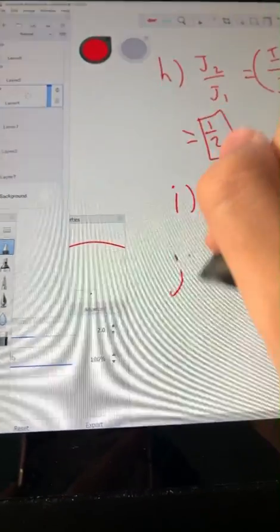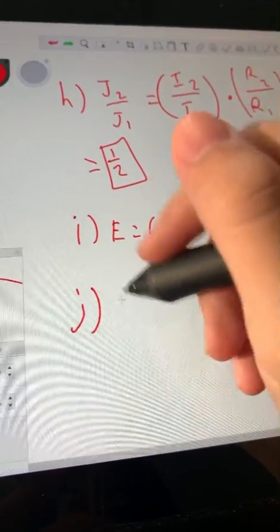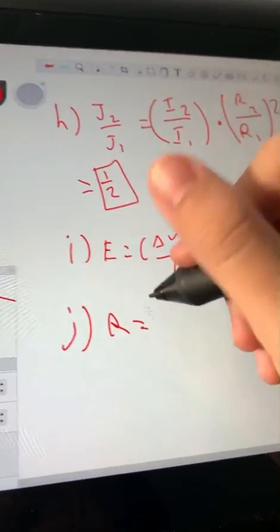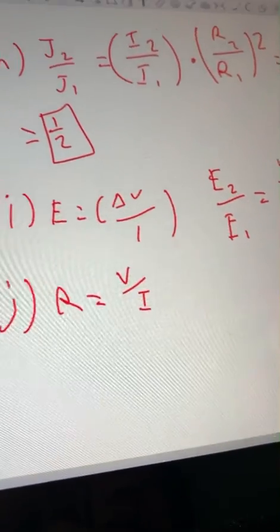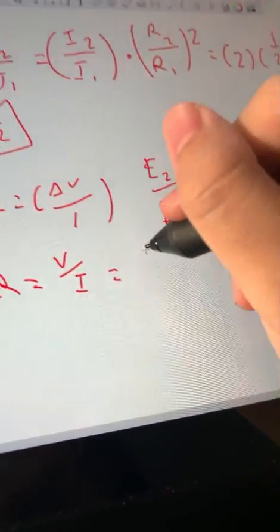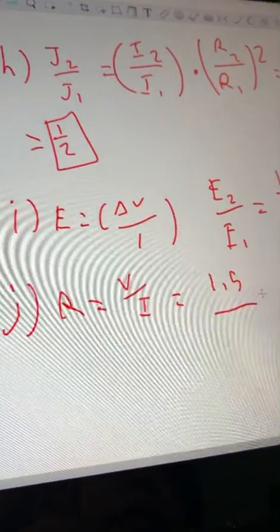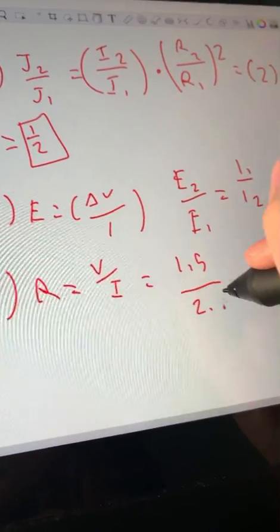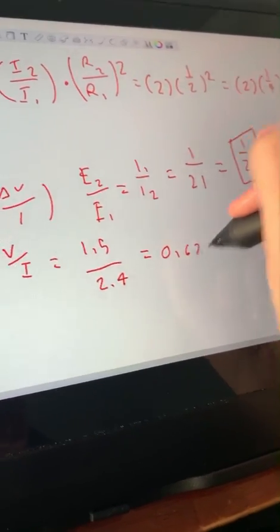So for part J, we are going to do R equals V divided by I. And since both of these are provided, we'll have 1.5, and for 20 degrees, it is 2.4. So when we calculate this, we get 0.625.